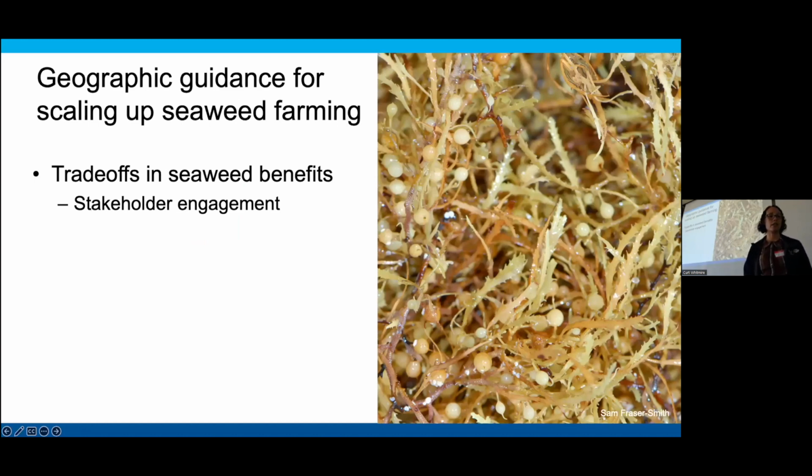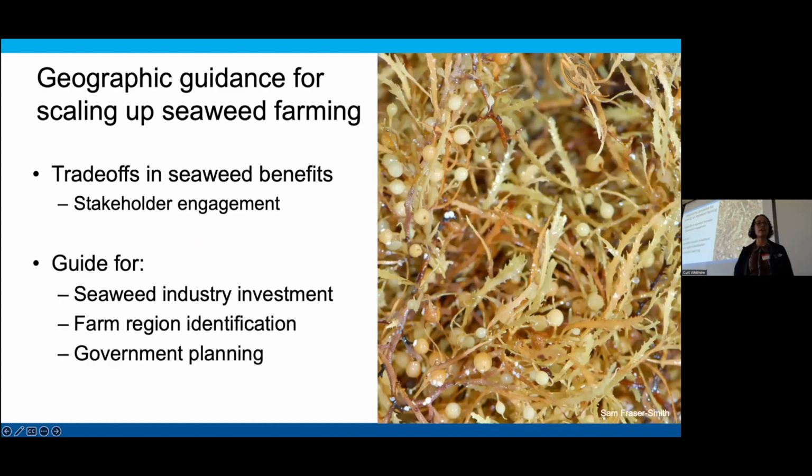So there are these geographically widespread trade-offs in the benefits that you're going to get from seaweed farming. And so to address this, stakeholder priorities need to be considered in guiding where the seaweed industry can invest, selecting regions to model at a finer scale, and then informing larger government policies on where to incentivize seaweed farming.